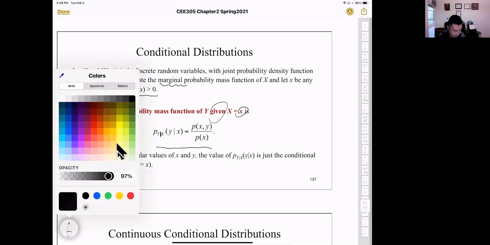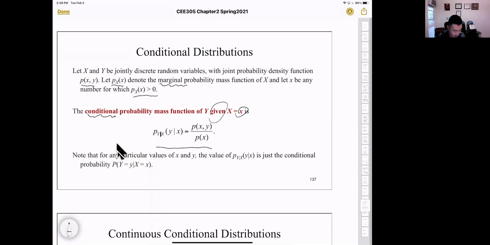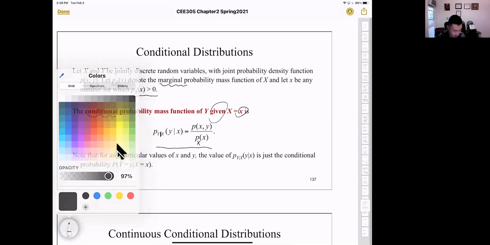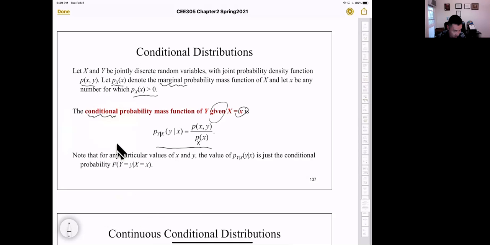That is equal to p(x,y) over p_X(x). The bottom part is the marginal function, the marginal mass function of x.